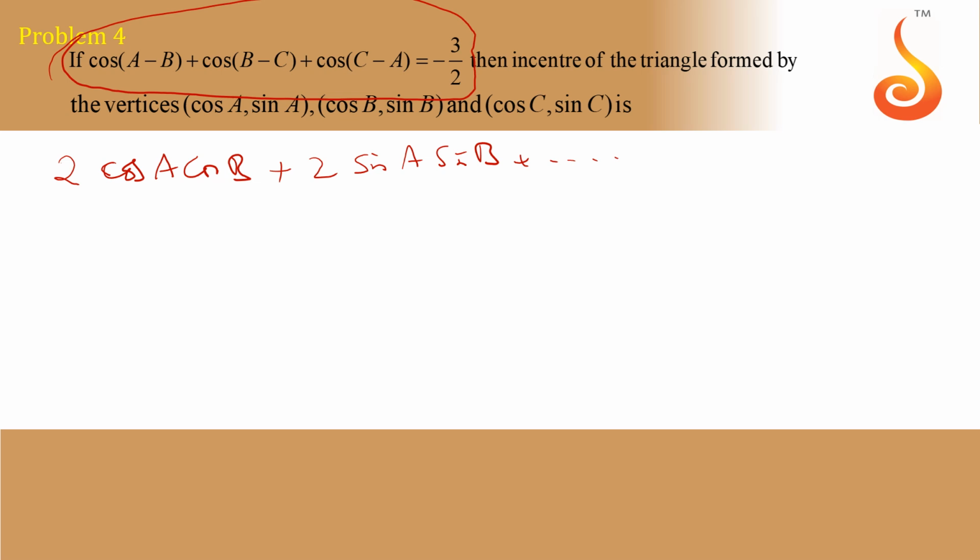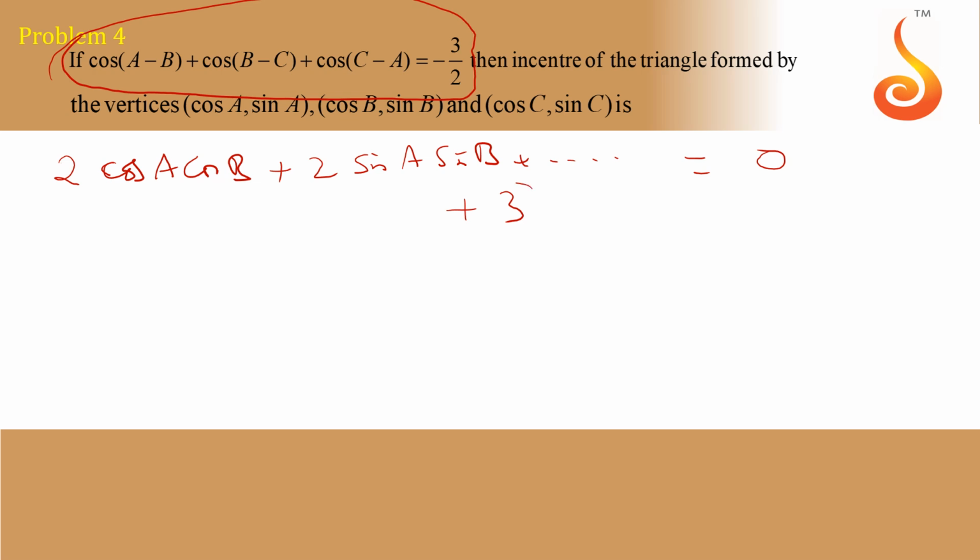Like this we will get. Similarly, 2 cos b cos c plus 2 sin b sin c plus 2 cos c cos a plus 2 sin c sin a is equal to -3. That -3 I'll send to the left side. It will become +3. Then this side will become 0.